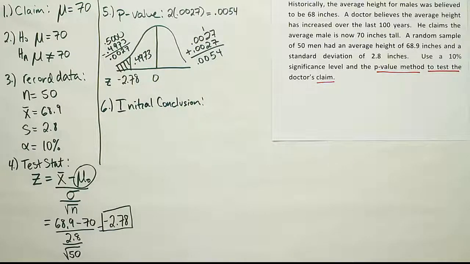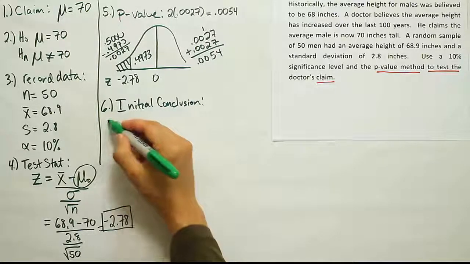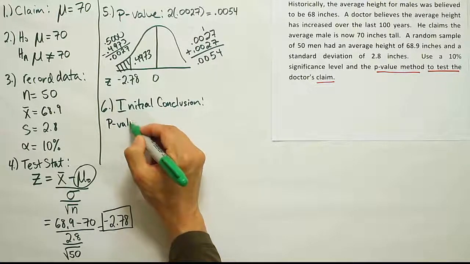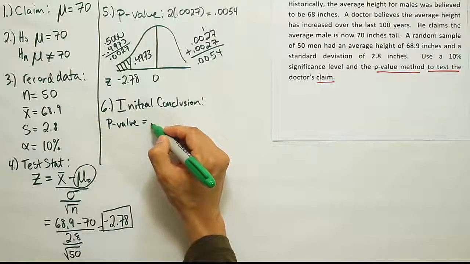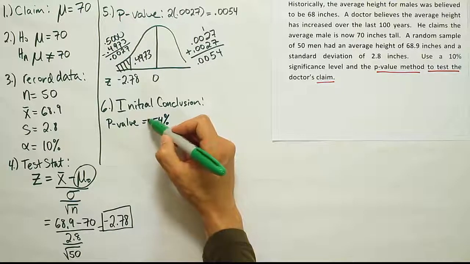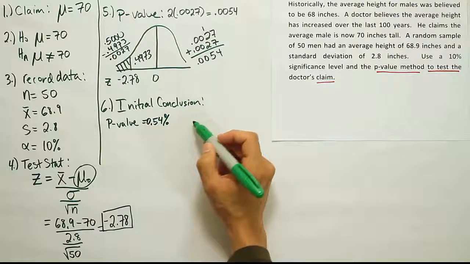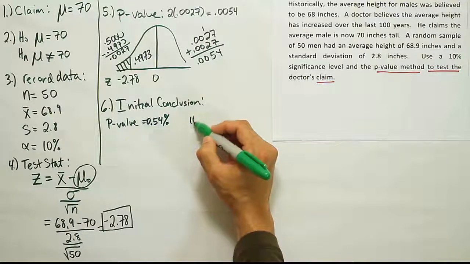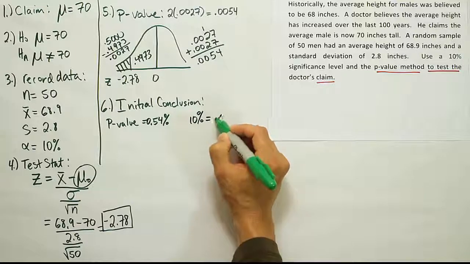Okay, so to do our initial conclusion, we want to compare our p-value to our alpha for the p-value method. That's how we do the initial conclusion using the p-value approach. So let's write our p-value down. That was 0.54%. So a very small percent, right? We're going to compare that to 10%, which is our alpha value.